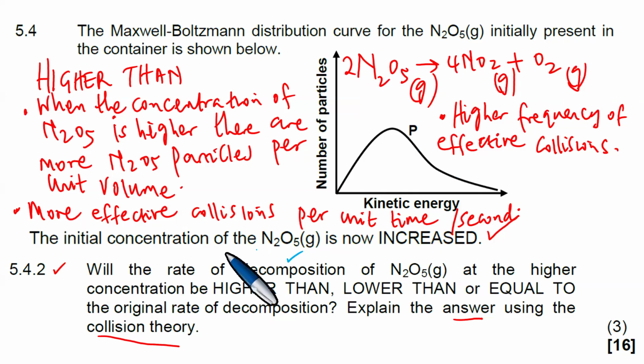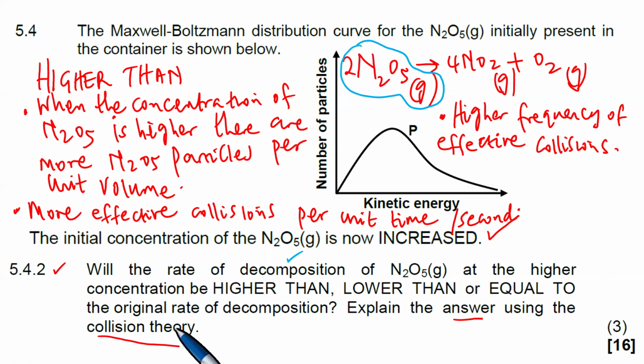So the initial concentration of N2O5 is now increased. What is happening in this case? Somebody increases the initial concentration of N2O5. Will the rate of decomposition at the higher concentration be higher than, lower than, or equal to the original rate?